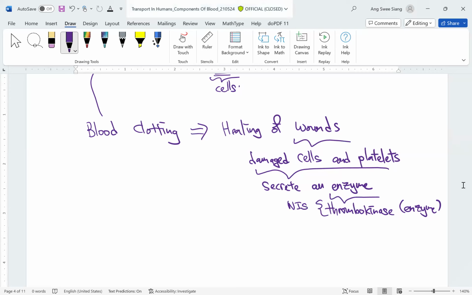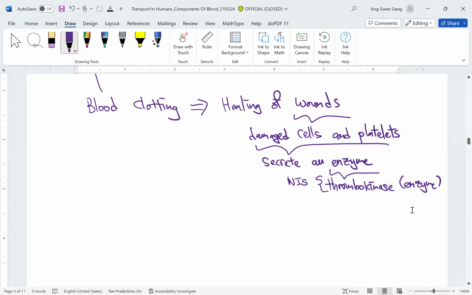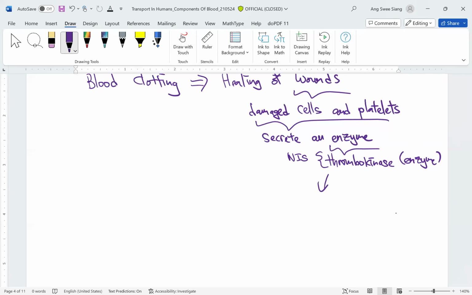This enzyme will then catalyze another reaction. This thrombokinase will cause the conversion of prothrombin into thrombin. Thrombin is also an enzyme.